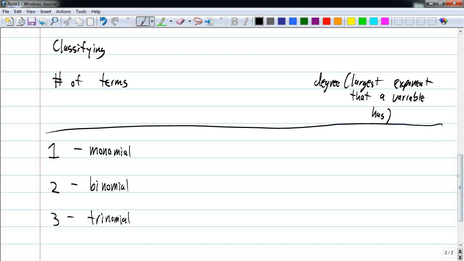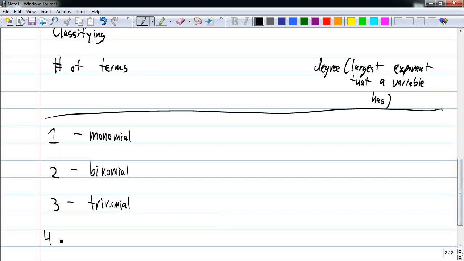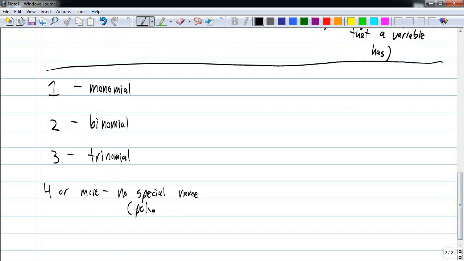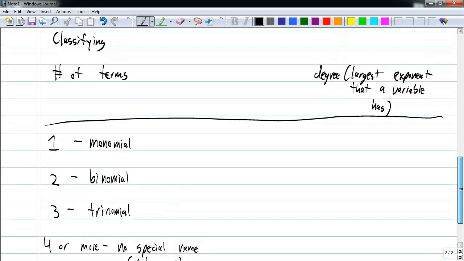And then anything four or more, there's no special name other than polynomial. Okay? That's the number of terms.